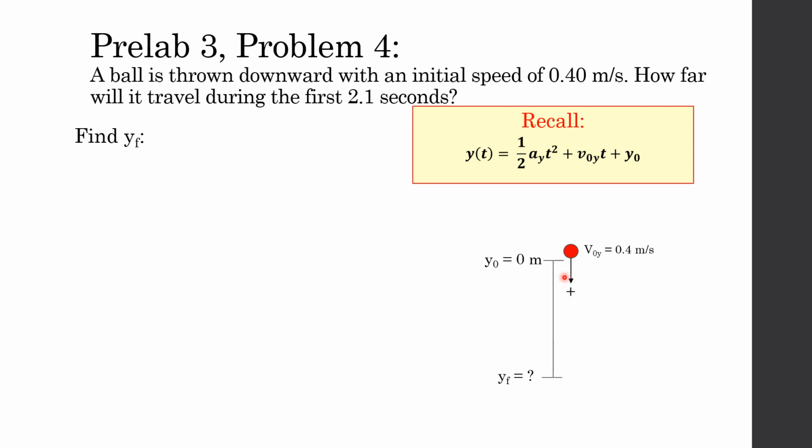Okay, that way I don't have to work with a bunch of negative numbers. Okay, so that means the initial velocity is in fact a positive number, and gravity is also a positive number. Okay, the initial time, 0. The final time is 2.1 seconds, and that was given to us in the problem.